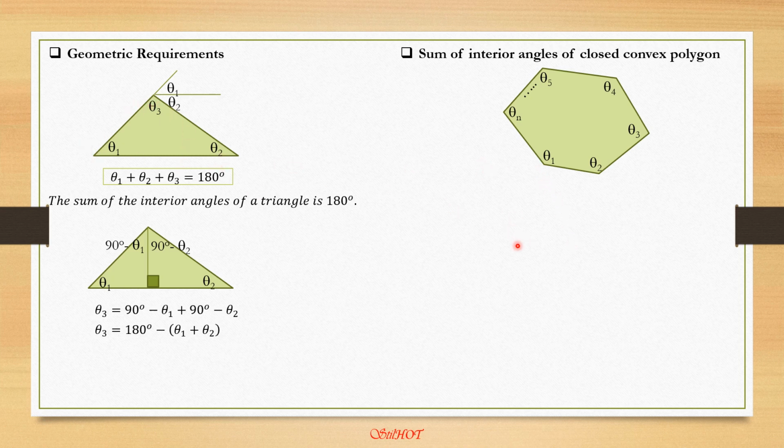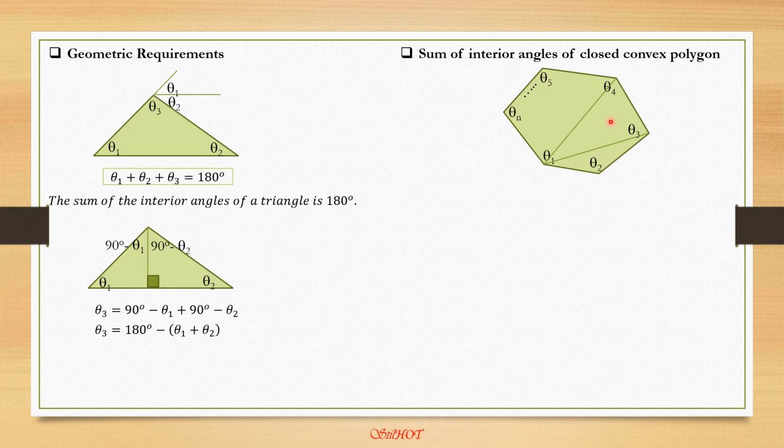So let's draw the number of non-overlapping triangles for four corners or four sides. For four sides, we can only draw two non-overlapping triangles. This is the first and that's the second. Or you may cancel this and write this diagonal here, a dividing line here. So we also have two non-overlapping triangles for four corners. For three corners, only one.